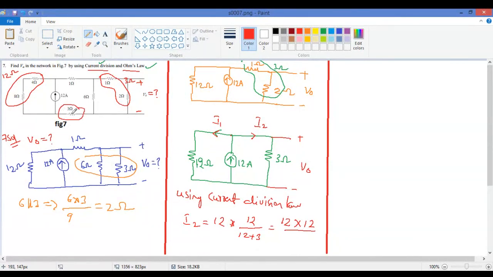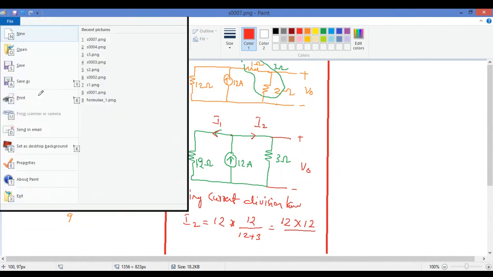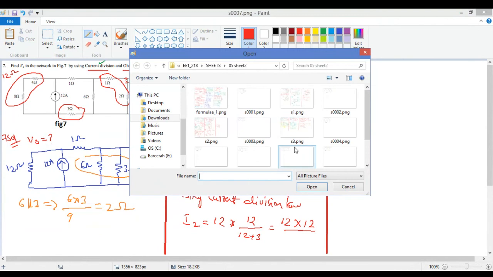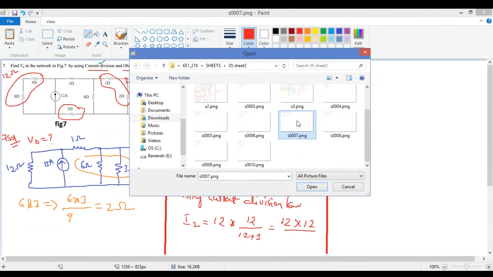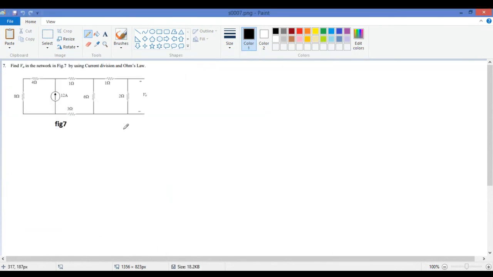We forgot this 3 ohm. So let me solve again. So we should be very careful that we should not leave any resistance.